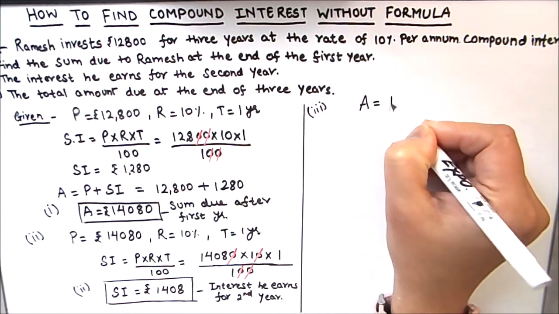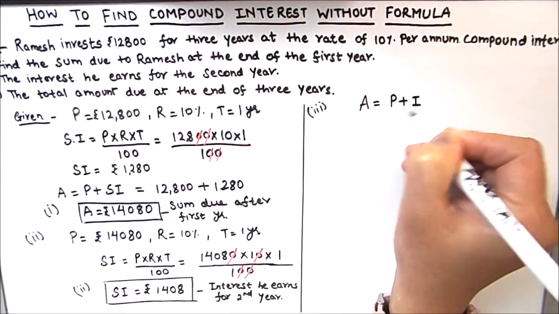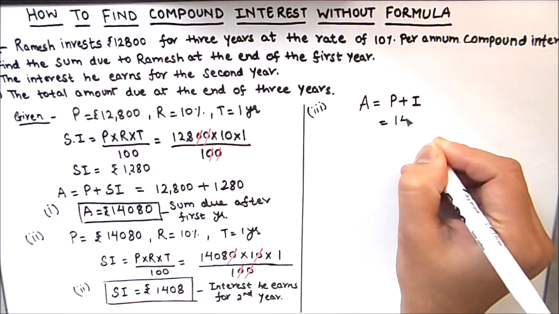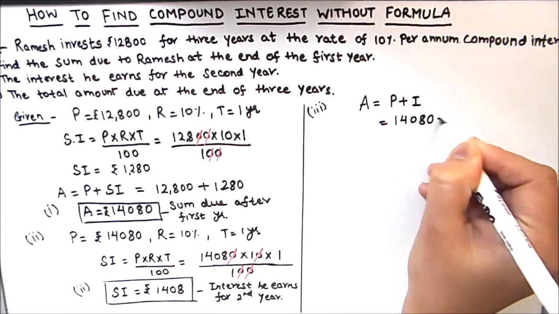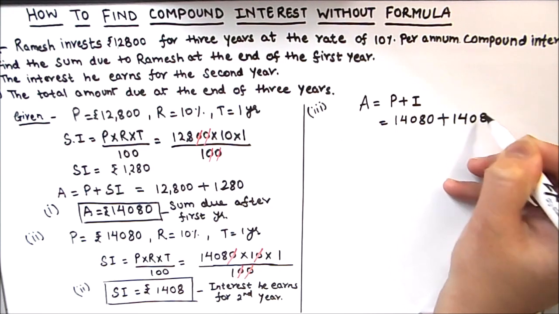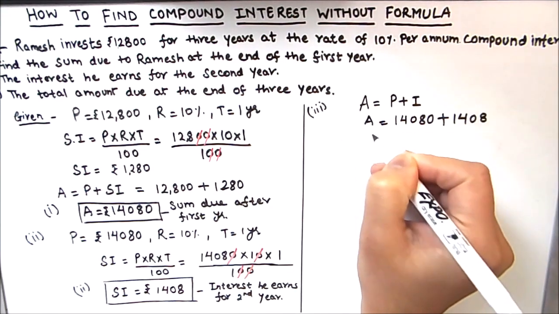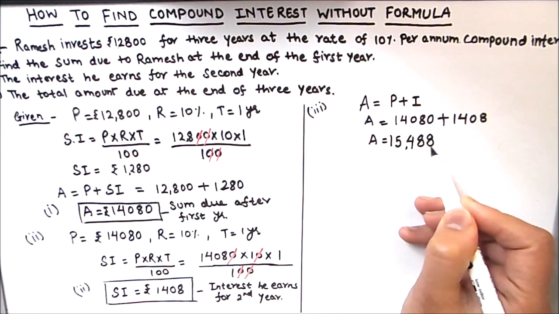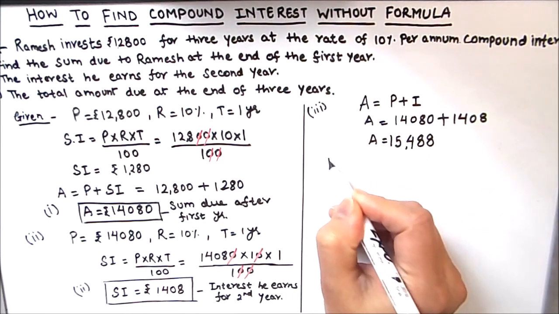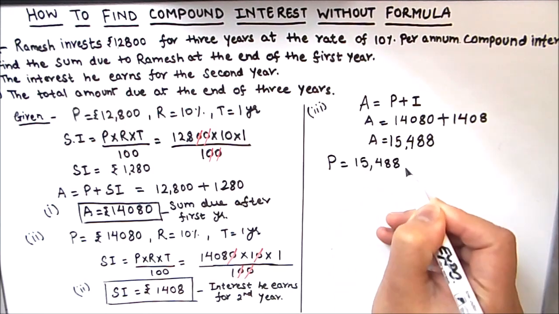So amount will be principal plus interest. The principal amount will be for the second year, which is 14,080, and interest we just calculated is 1408. Then the amount will be 15,488, and this amount is going to be used as the principal for third year, which is P is this much.